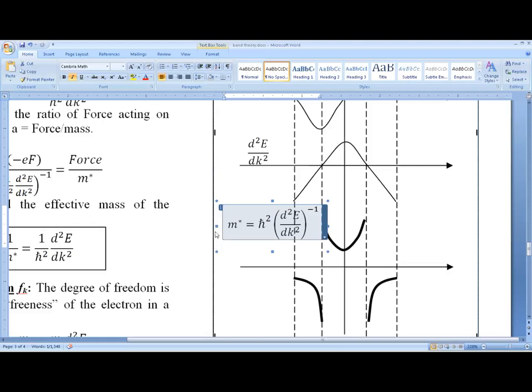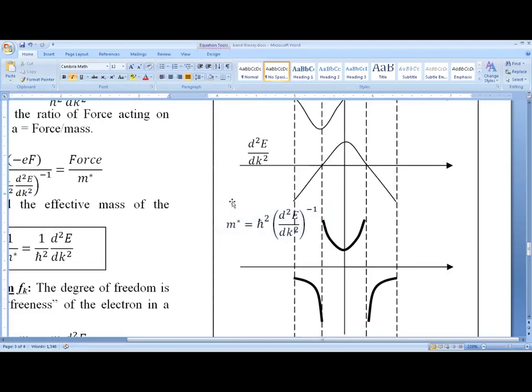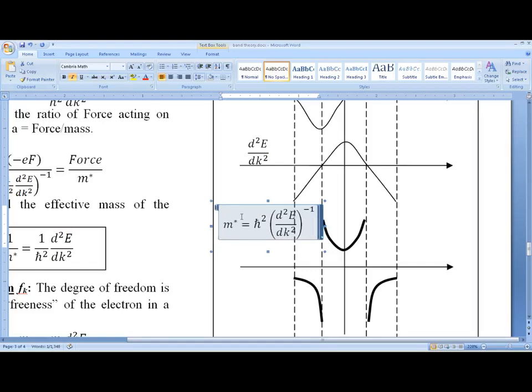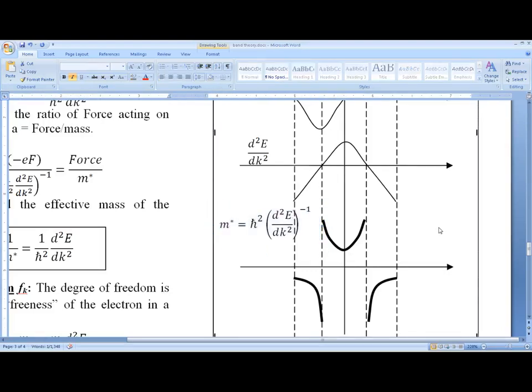Let me further adjust this term. Let me do some manipulation. Okay, now I hope it's clear. So it is just the inverse of this d square E over dk square.